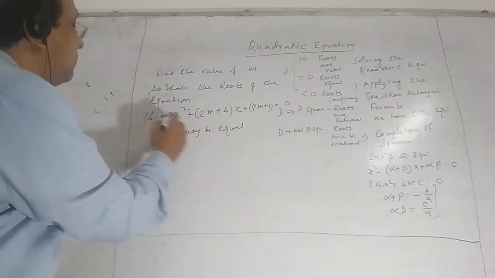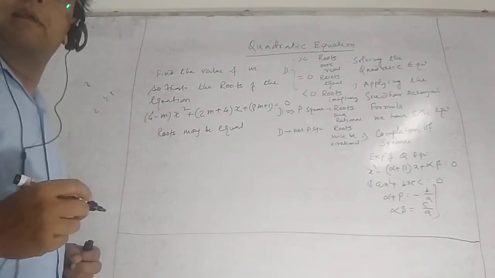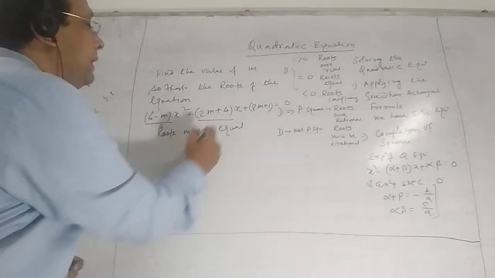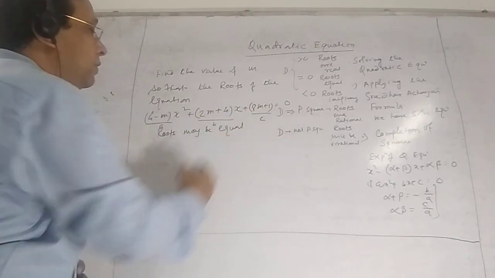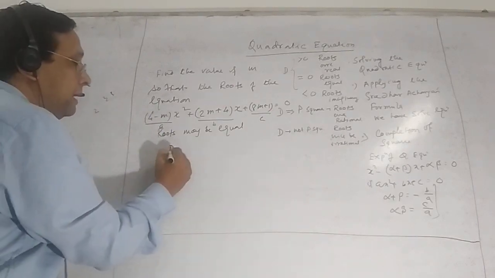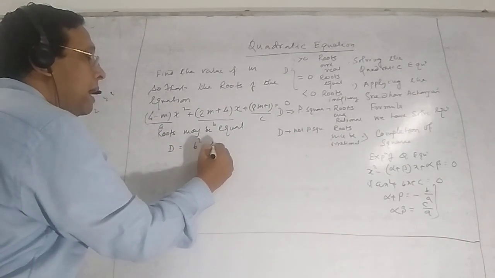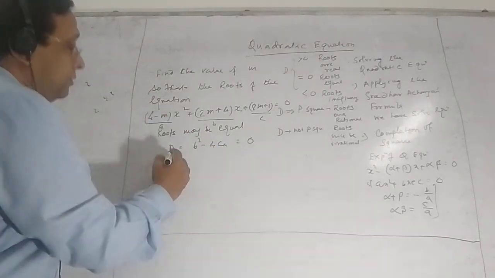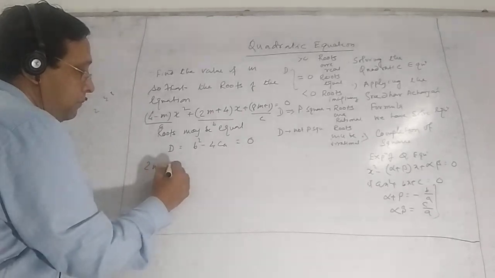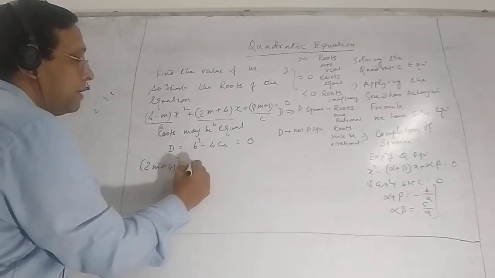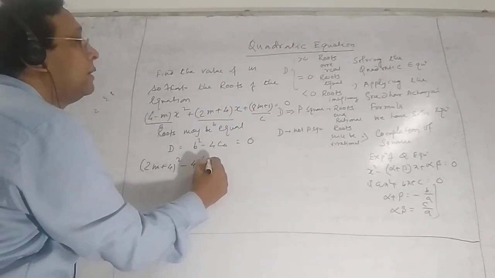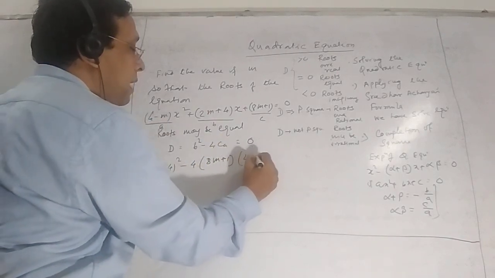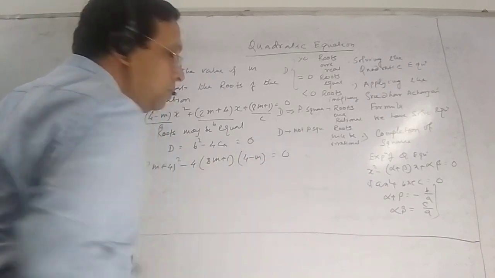Here, instead of a, b, c, this is your A, this is your B, and this is your C. So the condition is the discriminant, that is b square minus 4ac, should be equal to 0. Here your B is 2m plus 4, whole square. Your C is 8m plus 1 and your A is 4 minus m, and that should be equal to 0.